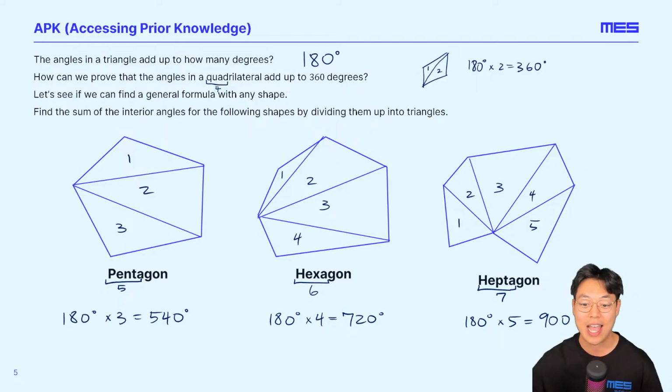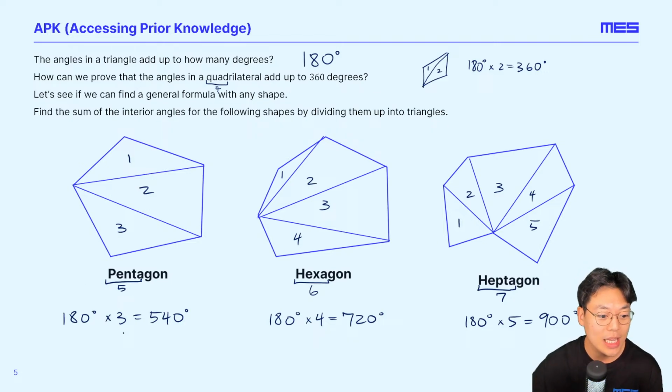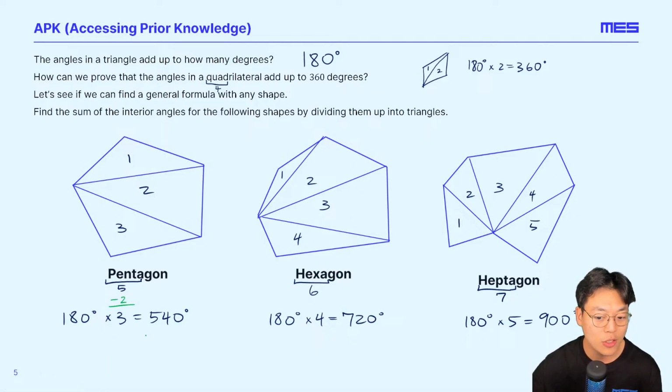900 degrees is correct. Now, Chiyoung already gave it to us, but for those of you that don't understand what that n minus 2 pattern is, let's think about how the number of sides or the number of vertices has to do with getting the sum of interior angles for any shape. So for a pentagon, we have 5 sides. Look at the number that we multiplied by. We multiplied 180 times 3. So we subtracted 2.